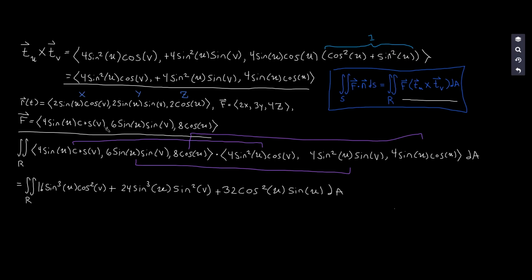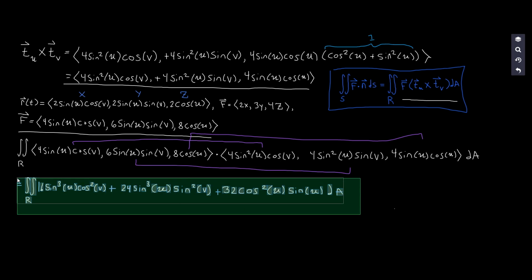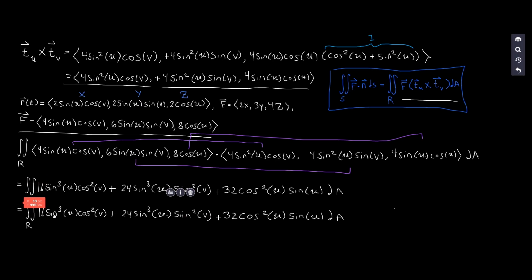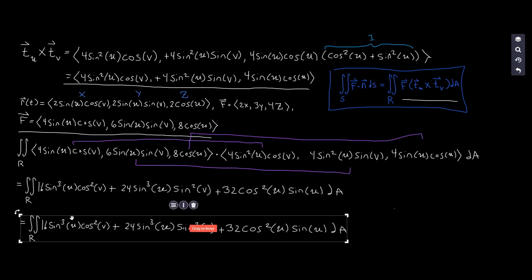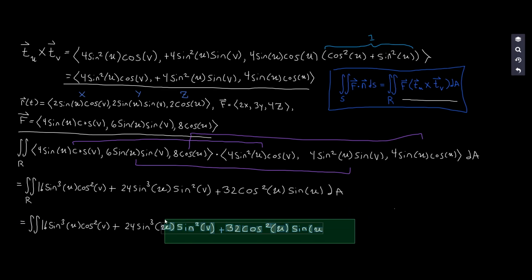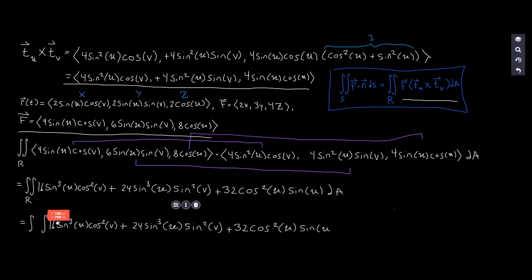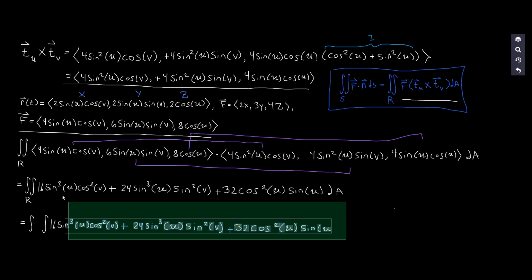I reckon that I have to put in some bounds of integration for this double integral, and so I will. I'm also gonna remove this R and this dA because we're gonna get into the meat of this in a second.